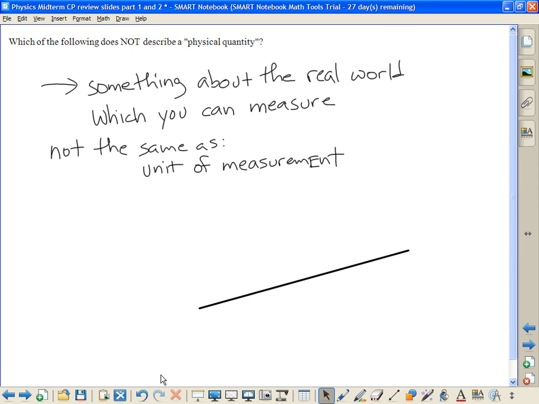You could express the same physical quantity using different units of measurement. Let's see, 45 centimeters or 27 inches.